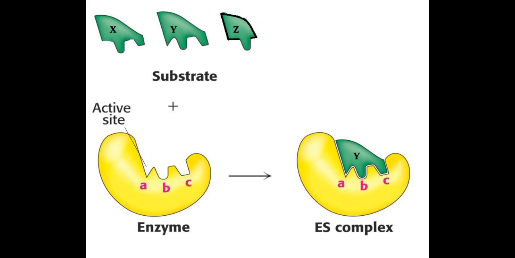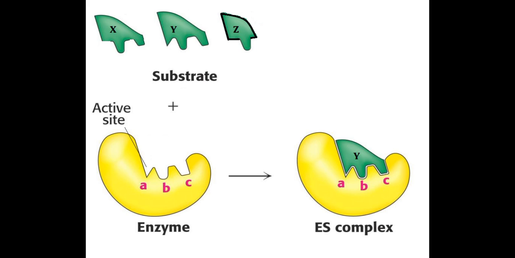So look here, X will not bind to the enzyme because it has only two furrows. Z also cannot bind to the enzyme because it has only one ridge, and Y can be exactly fitted into the active sites A, B, C of the enzyme. Therefore, Y is fitted into the enzyme and forms the ES complex.